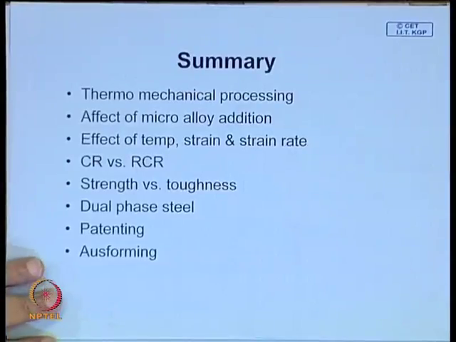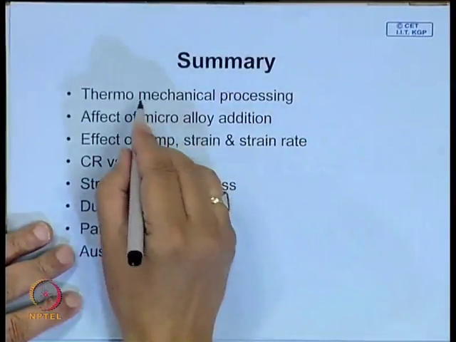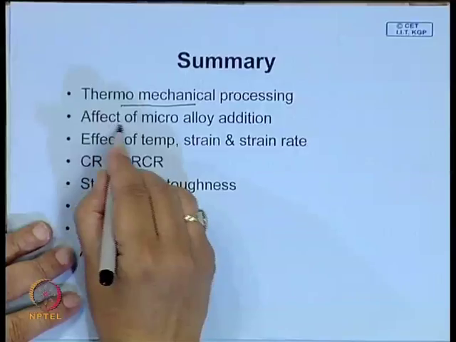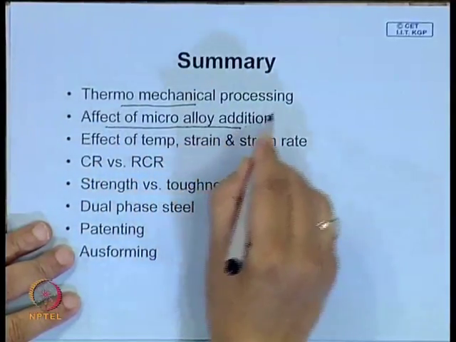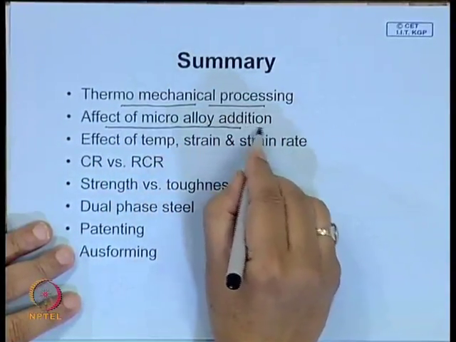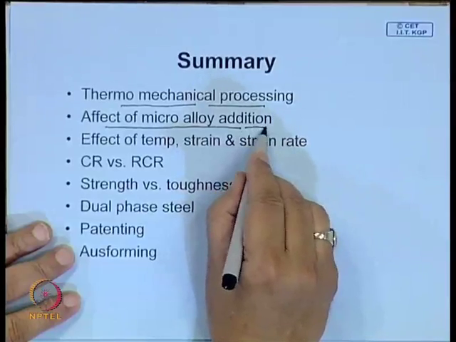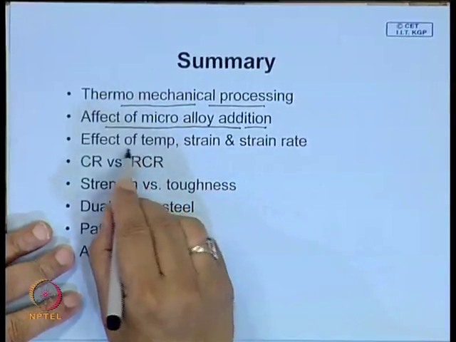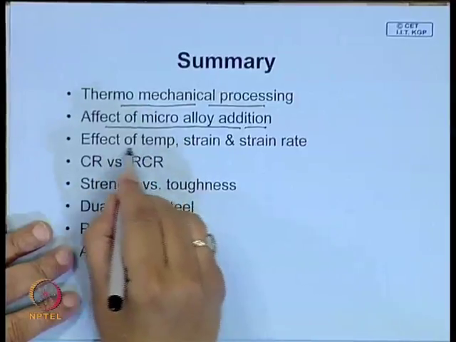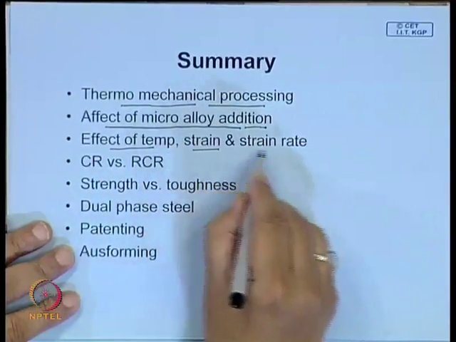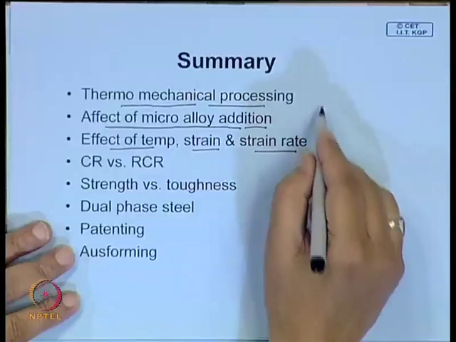To understand this, we have to spend a little more time. Maybe we will talk about it in the next class. Today we have looked primarily at thermomechanical processing and how, by microalloy additions, it is possible to retain very fine austenite grain size in which fine ferrite grains can develop. We looked at the effect of temperature, strain and strain rate on that austenite grain size.